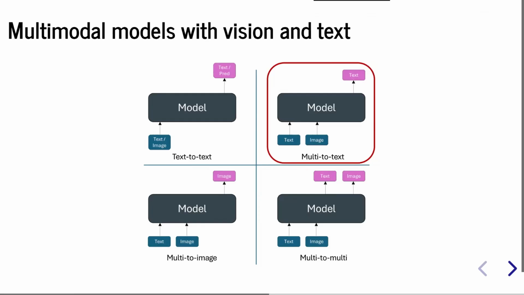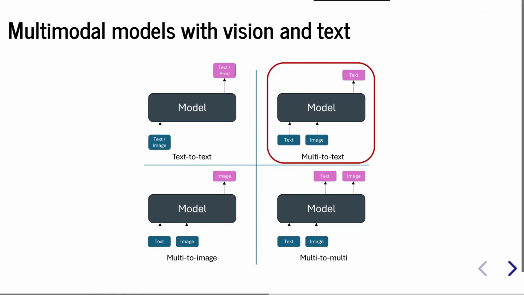And the answer is yes, and we can do that with what are called multimodal models. And there are different types of multimodal models that I highlighted here in the slides. But in this lecture, we will only focus on the highlighted type, which is the multi-to-text model. But let's have a look at them first.